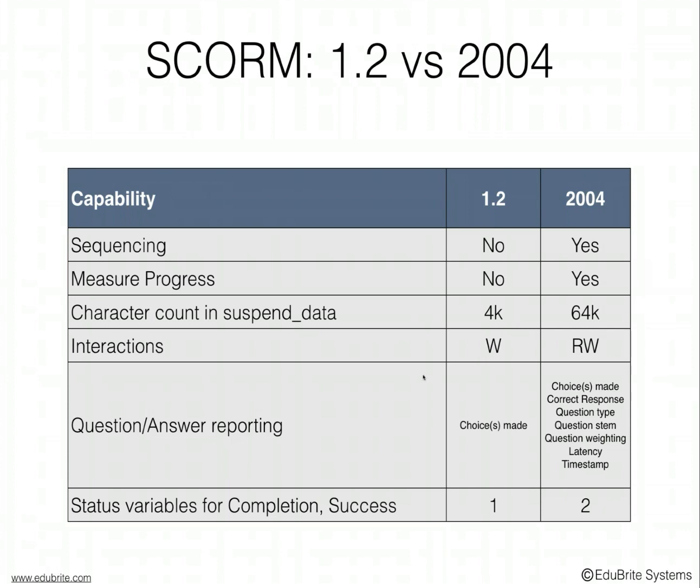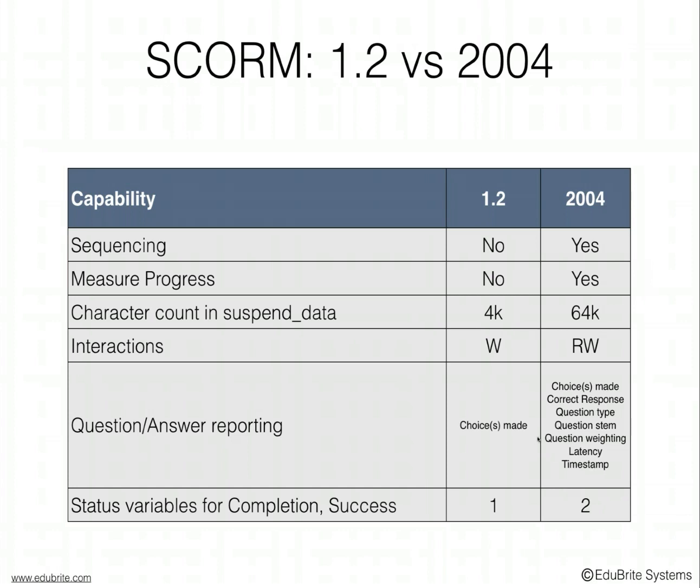Another important criterion for determining which version is how granular you need your reporting. With 2004, you get a lot more data and potential analysis with not only the choice that was made by the learner, but also the correct response, the question type, the question stem, and question weighting, latency, which is the amount of time they spent on the question, and then the timestamp itself.